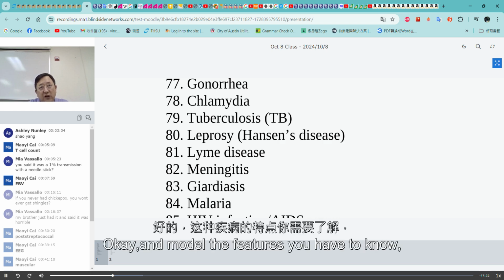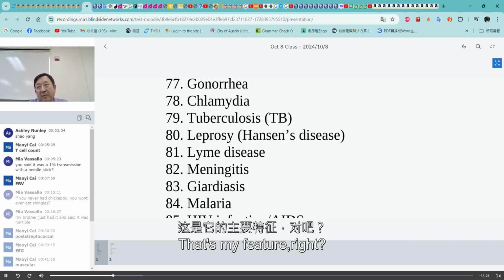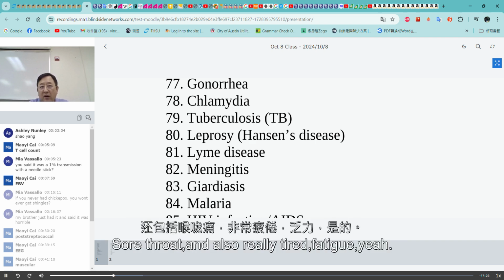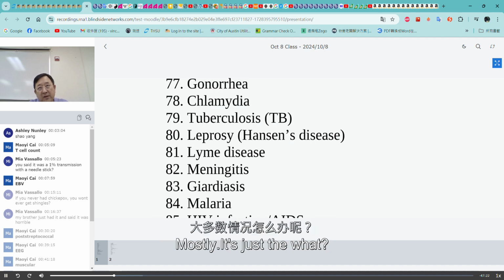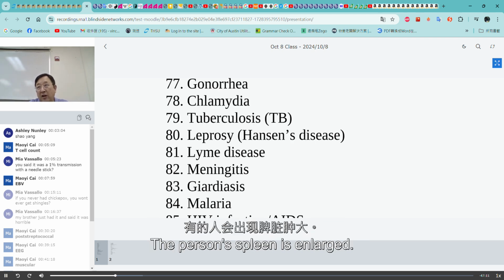The features you have to know for mono: cervical lymph nodes enlarged, sore throat, and also very tired, fatigue. There's no particular treatment. Mostly it's just rest. But be careful, as a rare complication, sometimes the person's spleen is enlarged.